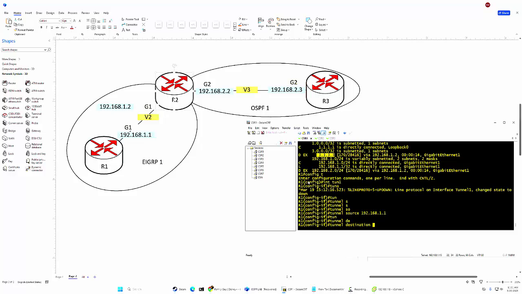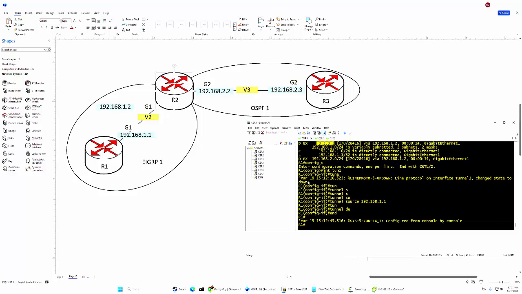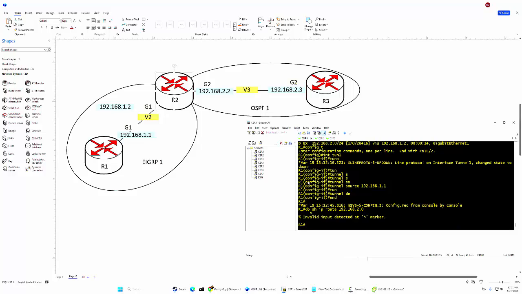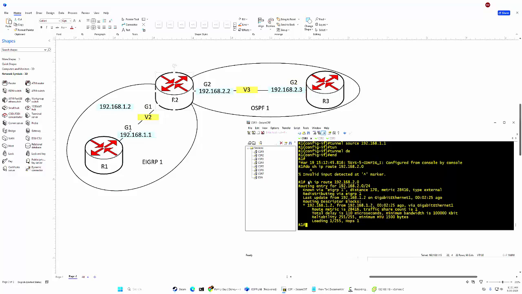You know what? We can't do this yet, because we have a problem. We do have a problem here. Let's go ahead and do show IP route. That 2.0. Actually, it is in there. And how?